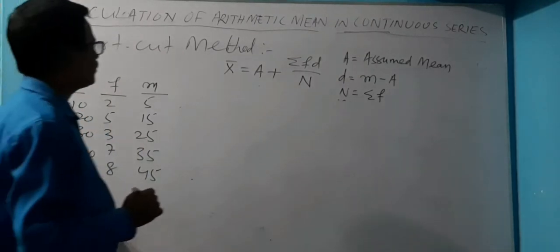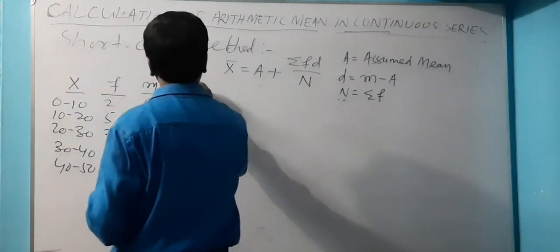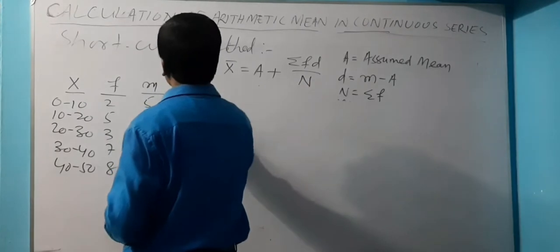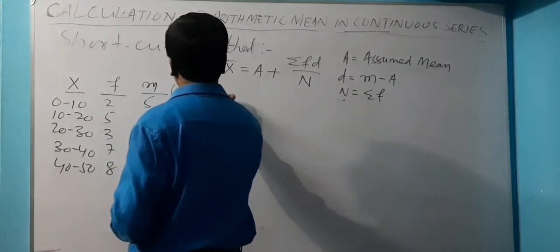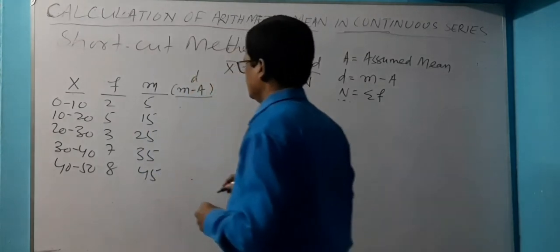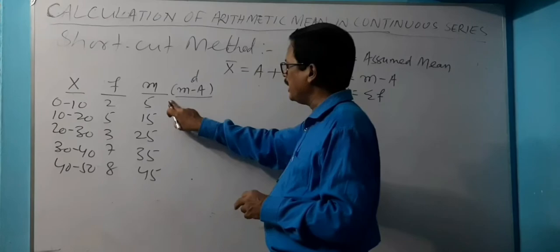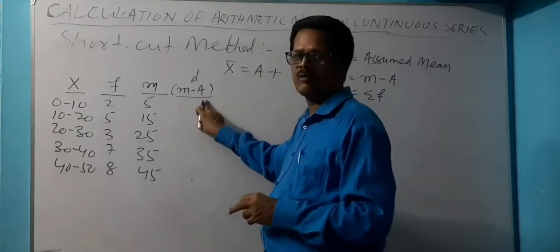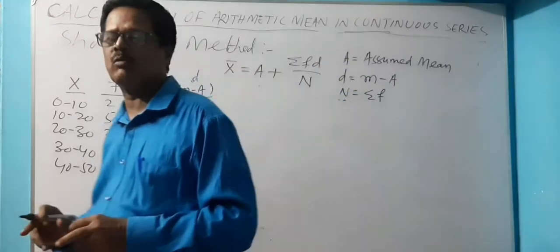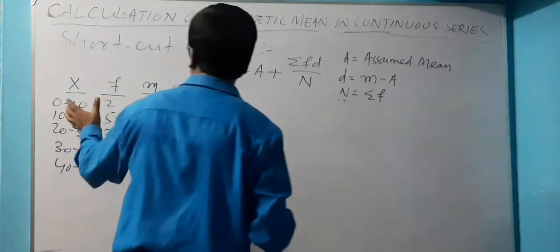Now we have to find out the D values. What is D? D is equal to M minus A. This is the M column. What is the value of A? What is the assumed mean? How to take the assumed mean?